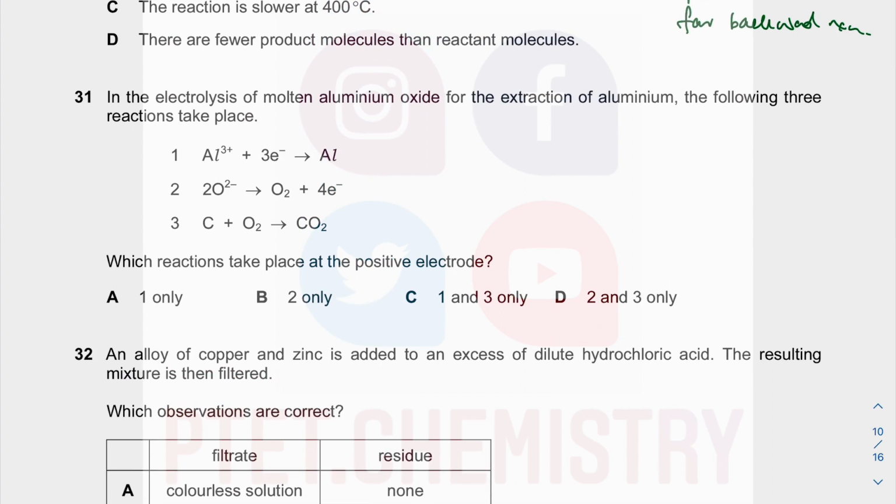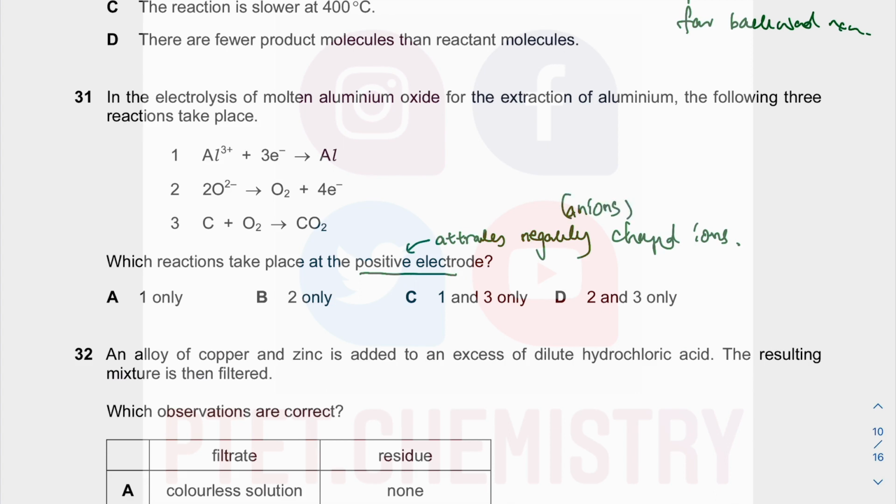31 is about electrolysis of molten aluminum oxide. You have these three following reactions. Which one takes place at the positive electrode? The positive electrode attracts negatively charged ions. Because you attract negatively charged ions, you attract anions.